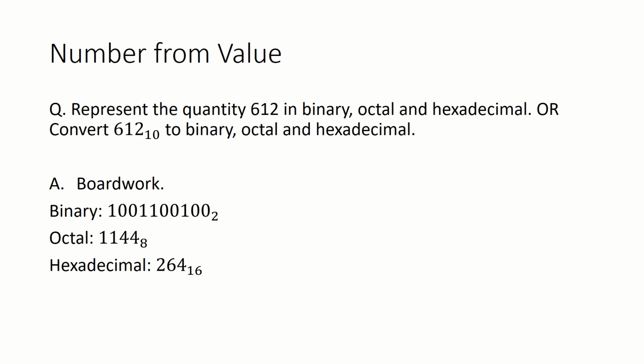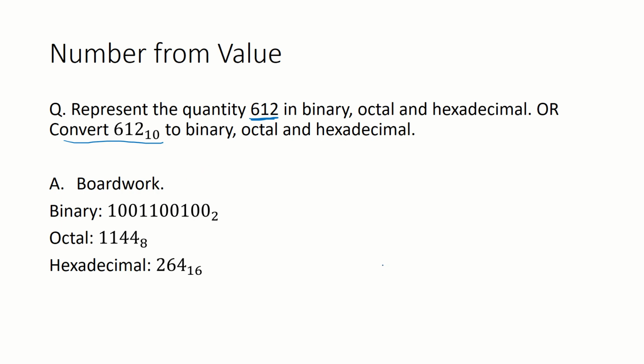Like this number we have considered, 612. The problem is to represent this quantity in binary, octal or hexadecimal. The problem is also sometimes posed like this: convert 612 in decimal to binary, octal or hexadecimal.